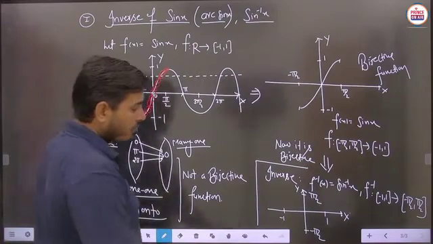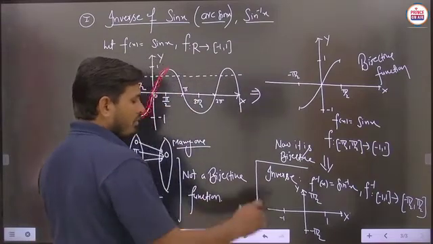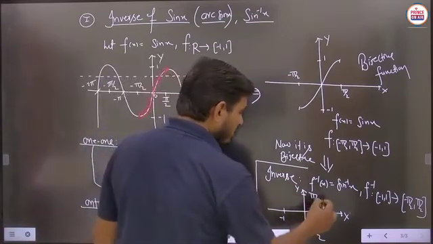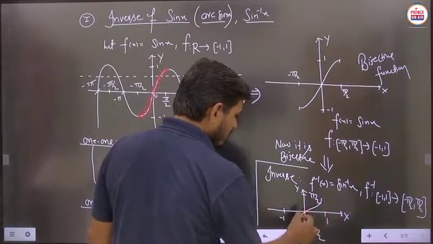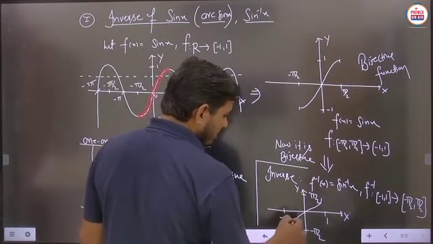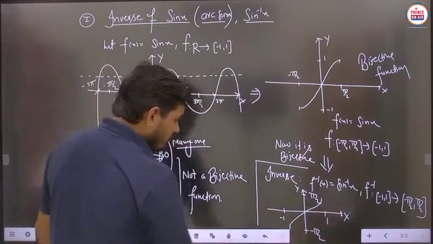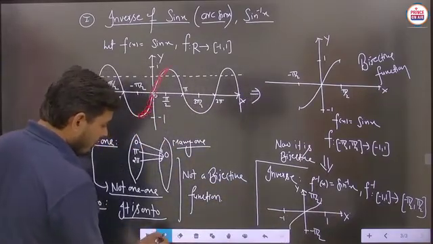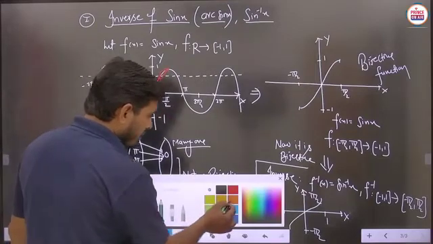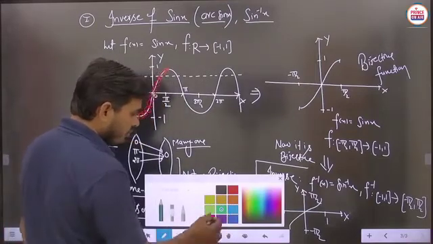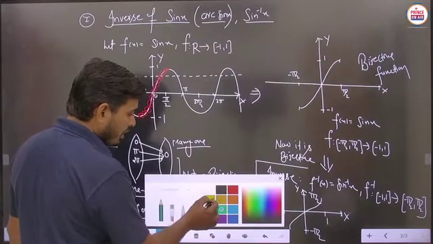Now, students, at a particular pi by 2, this particular part is said to be 1. So this graph should be like this. You can plot the graph here, and we are making the graph with another pen, then definitely you can understand the thing. Suppose we are plotting the graph here.